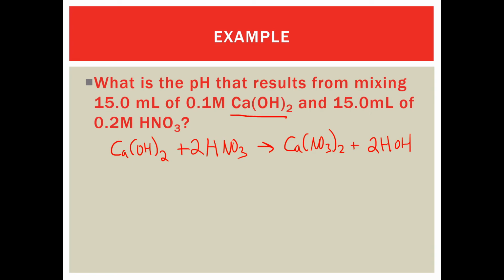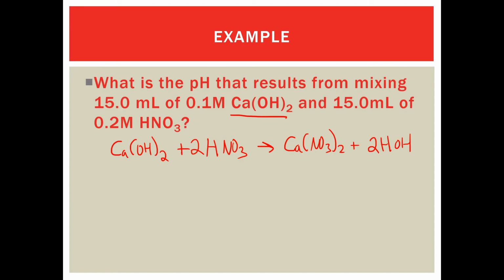So calcium hydroxide doesn't generate an equivalent amount of hydroxide. It actually generates twice the amount of hydroxide. So this is an interesting exception to our leveling effect. And what does this mean for our calculations?